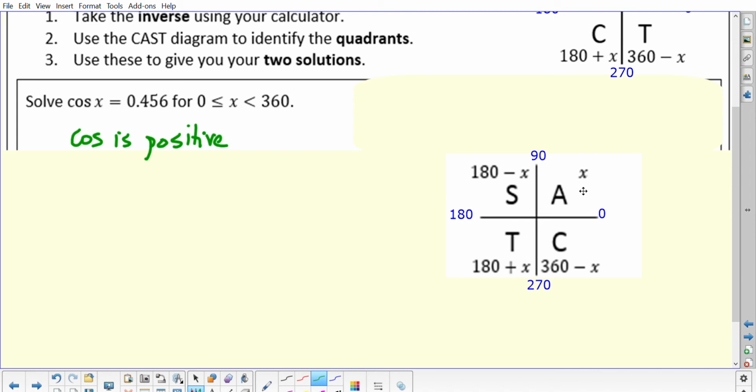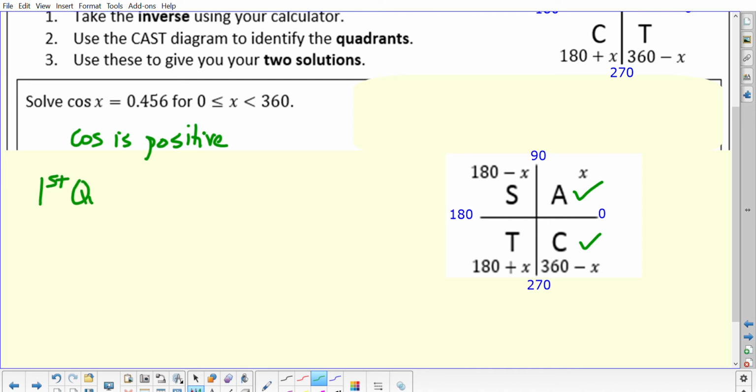So where does that happen? Well, we know it happens in there because A stands for all positive. In here it's only the sine that's positive in the second quadrant. In the third quadrant it's only the tan, that's what the T is for, whereas in the fourth quadrant only the cos is positive. So the two angles that we're looking for have got to be in the first and the fourth quadrant.